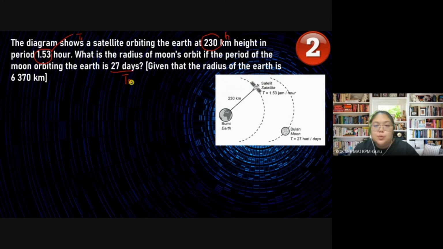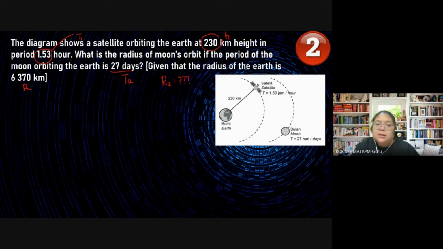But for the Moon, they give the radius of the Earth, R, then this one H. But they never tell you the Moon to Earth radius, how many? They never tell. So I don't know. So that means I just know T2 is 27 days for the Moon to orbit the Earth.